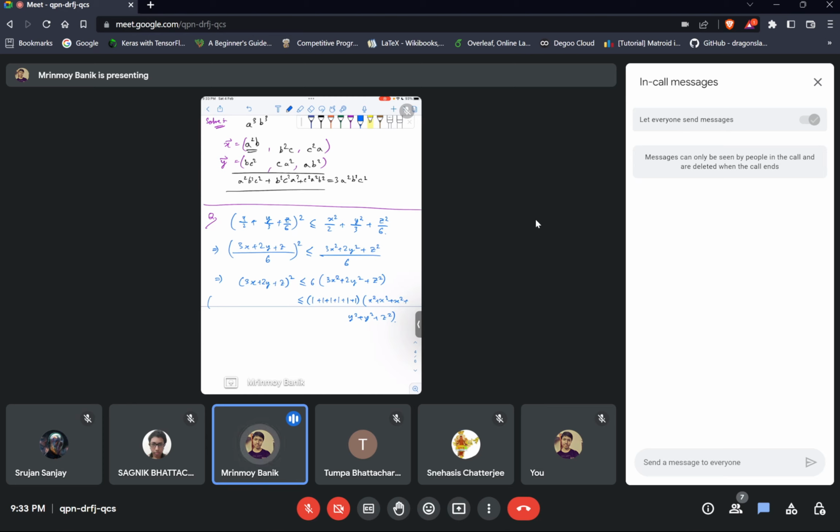So the dot product will be, so the first vector is 1 1 1, six ones. The second vector is x x x y y z.